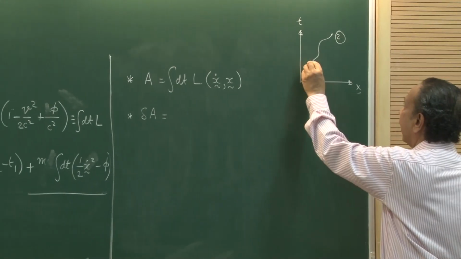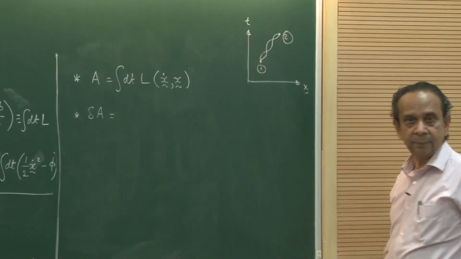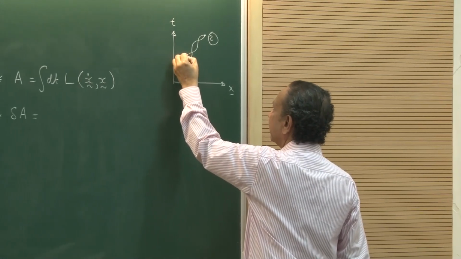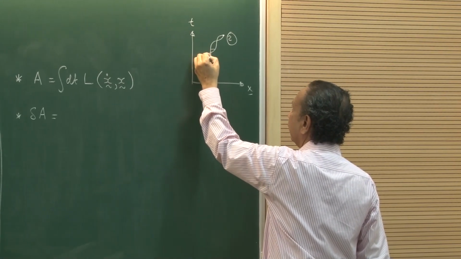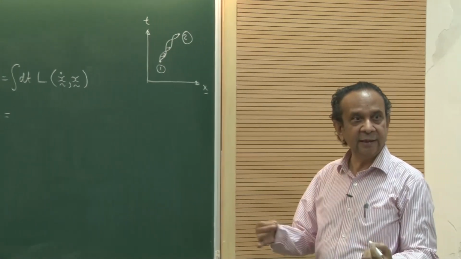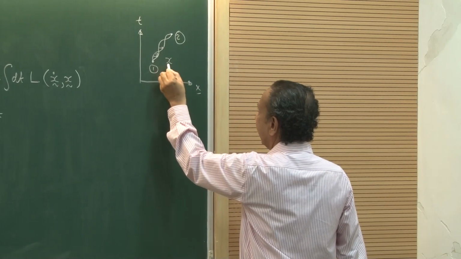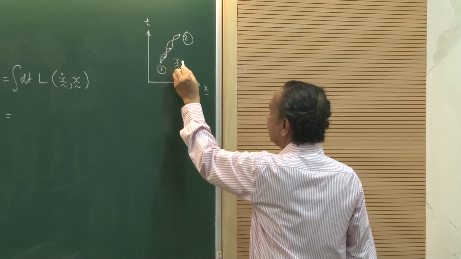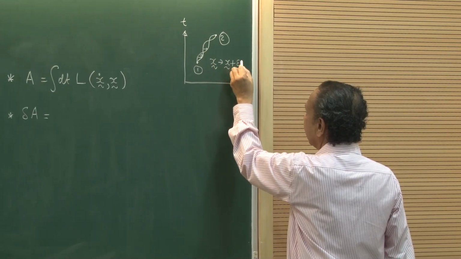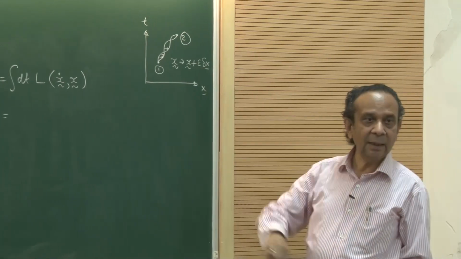Then you change that path slightly, but keep the endpoints fixed. So, at any given point or at any given time, this path varies by some amount from the original one to this one. There is a slight displacement. So, you change that. So, what is done mathematically is to take this x and then change it into x plus some epsilon times delta x, where this delta x is some function.